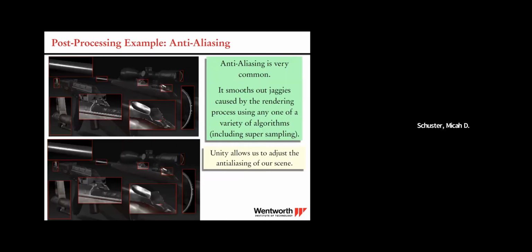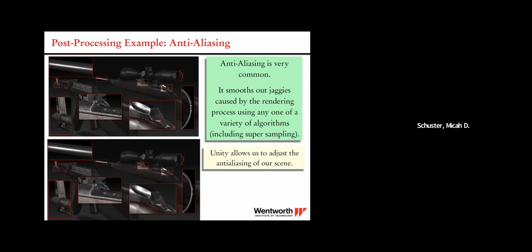So an example of this is anti-aliasing. It's very common. It basically smooths out jaggies that you get from the rendering. Because when we render, it's not a continuous image. We have pixels, and we have to put colors in those pixels.